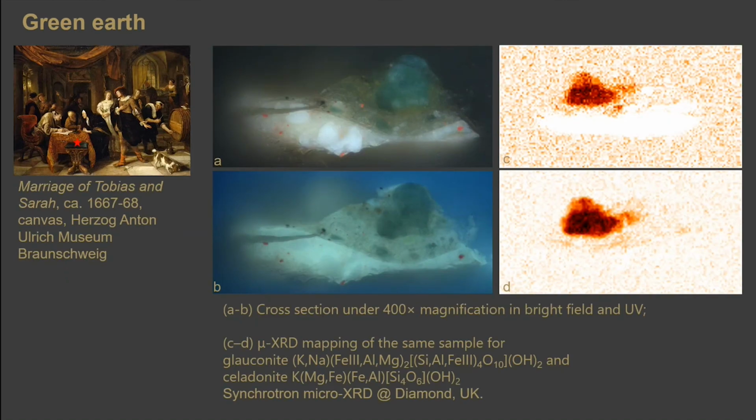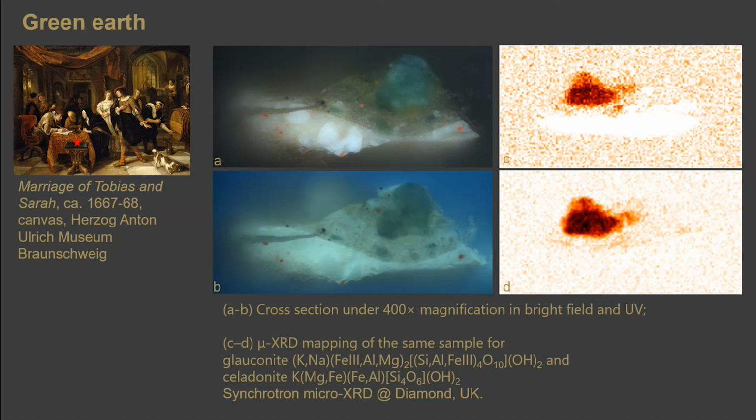So, hoping to be able to say something more about this origin of the green earth, we were able to perform micro X-ray diffraction on a cross-section, and we tried to distinguish between the minerals glauconite and celadonite.